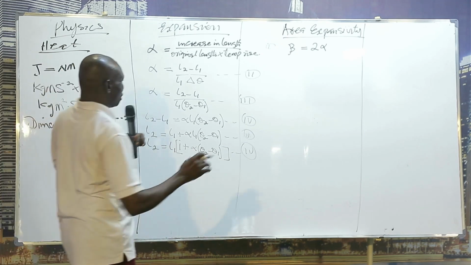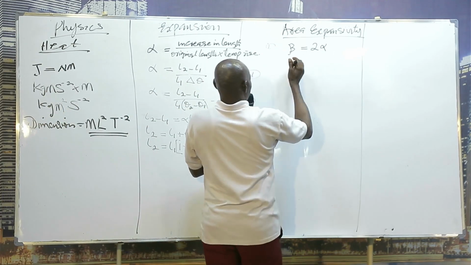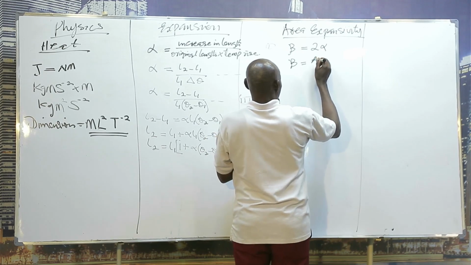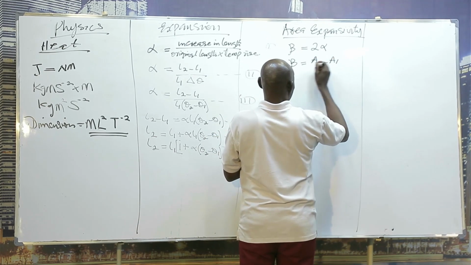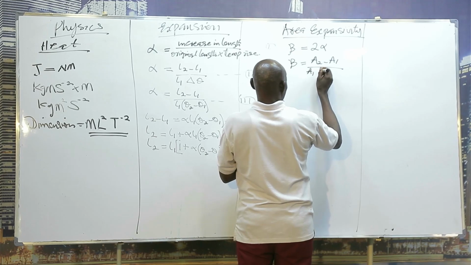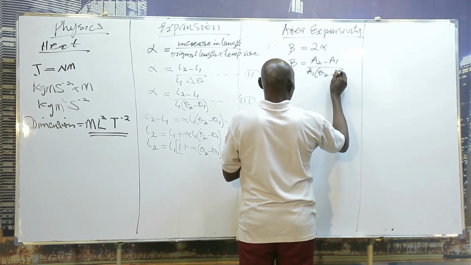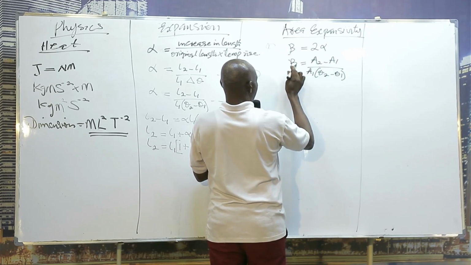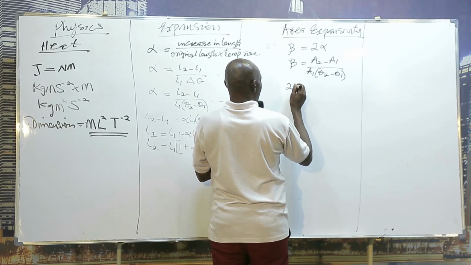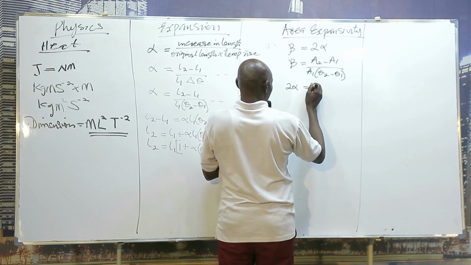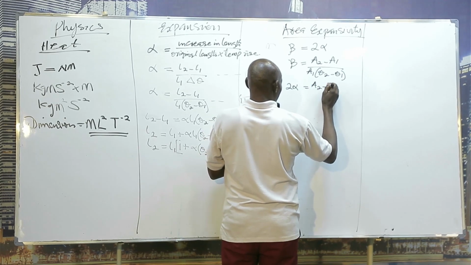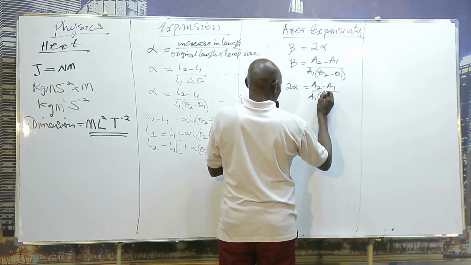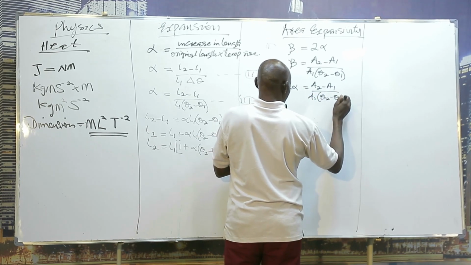So if beta is equivalent to A2 minus A1 over A1 into change in temperature, then 2 alpha equals A2 minus A1 over A1 into theta 2 minus theta 1.